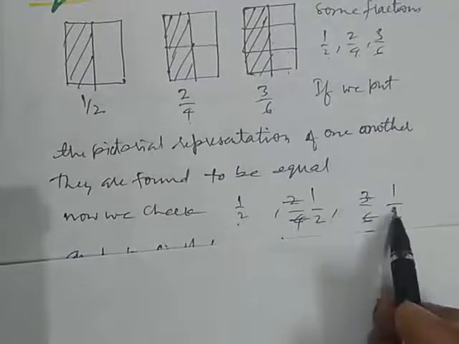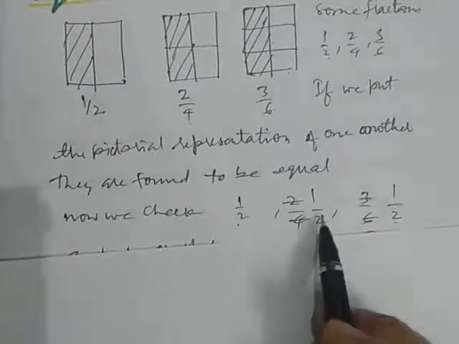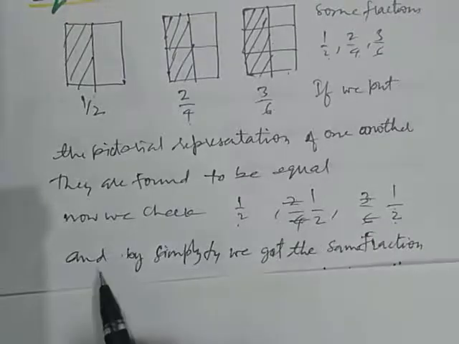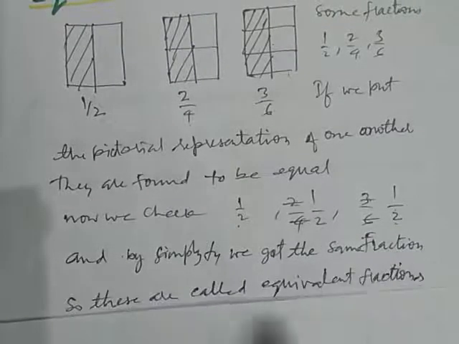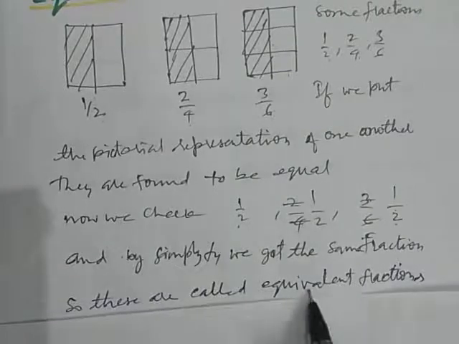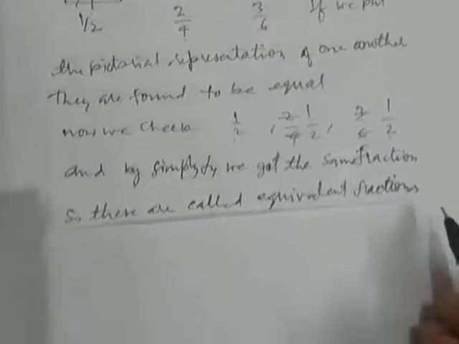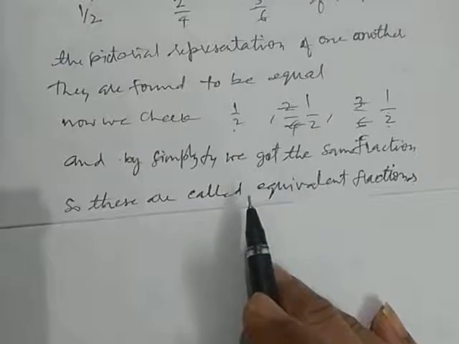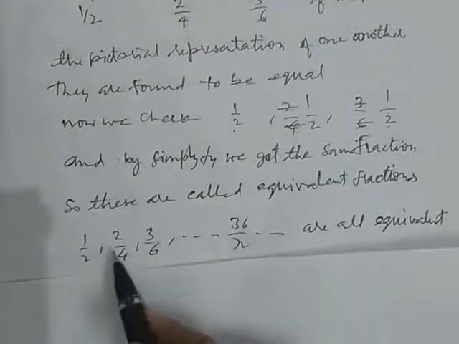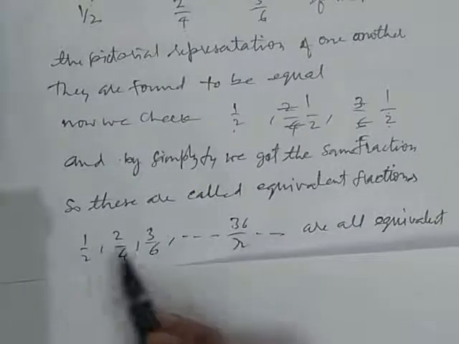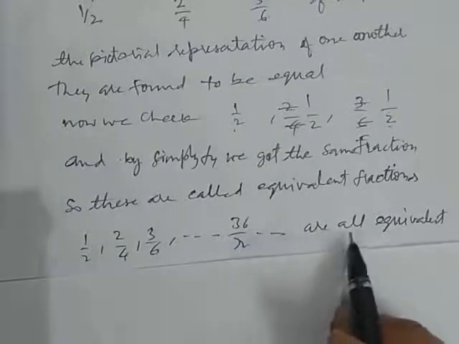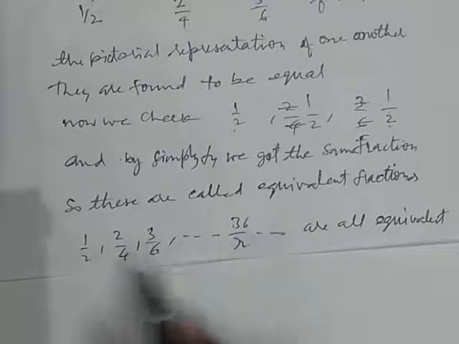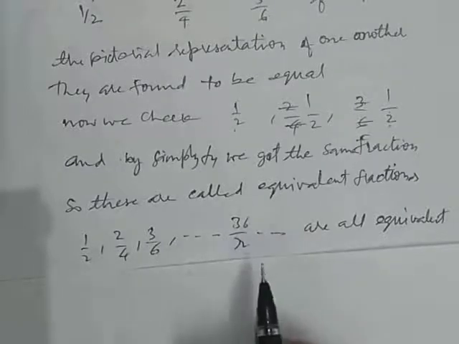So all are equal. So they are equivalent fractions, and by simplifying we get the same fraction. Okay, so remember this thing. If we have 1 by 2, then 2 by 4, 3 by 6, 36 by 72 are all equivalent. We can write many equivalent fractions.